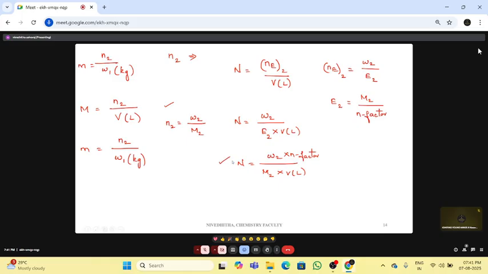Kana, what is this n factor? For acid, n factor is nothing but number of replaceable H plus ions, right? Last class we calculated n factors for few acids, right? For sulfuric acid, for orthophosphoric acid and all, we have calculated n factor, right?